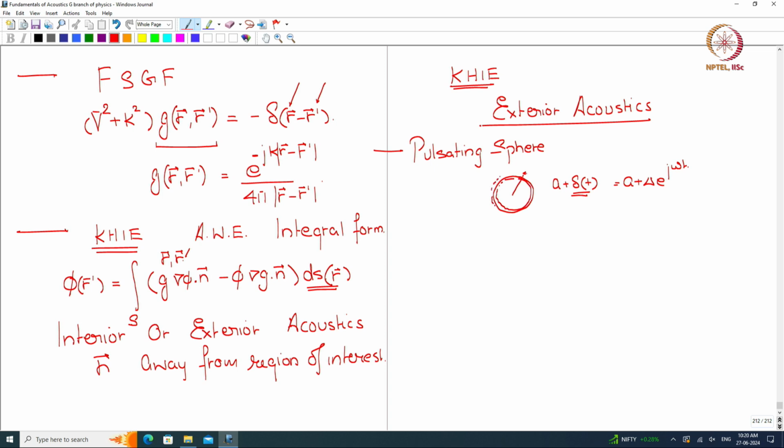If we said this is a model of a speaker, then we saw this using the KH integral.